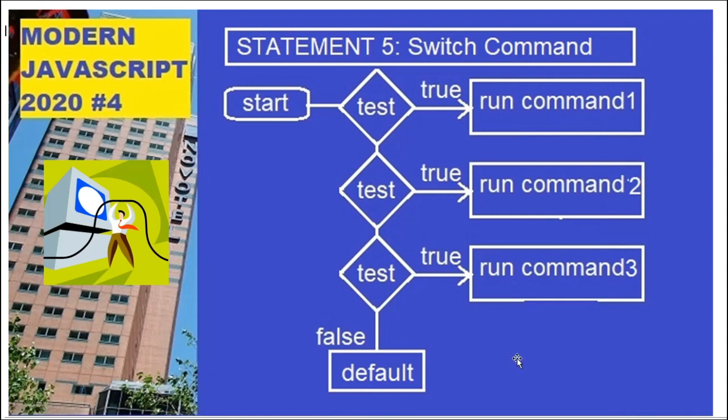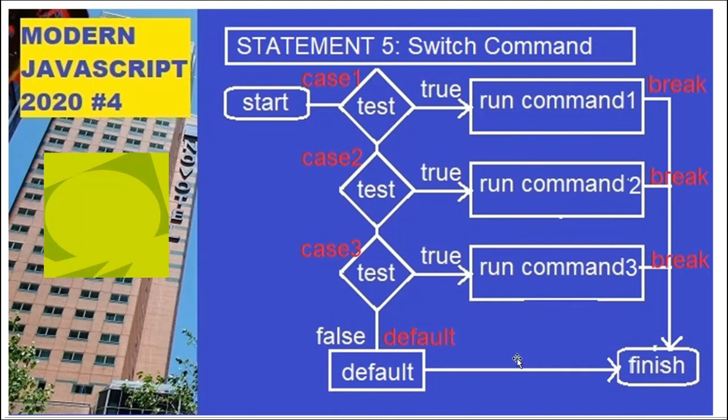So we can look at this. For example, if X was 5, we start here, and case 1 would be: is X equal to 1? If it is true, then run command 1. Test 2 could be if X equals 2, run command 2.